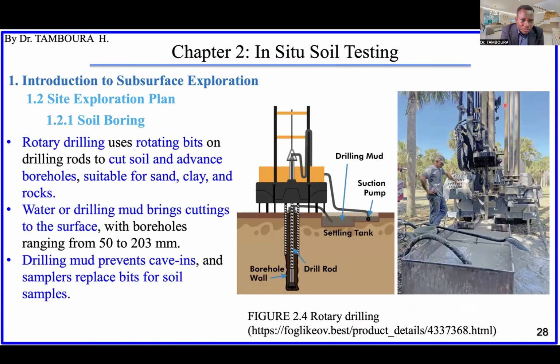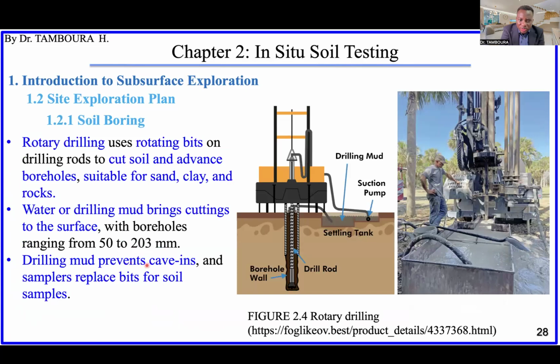So the water or drilling mud brings cuttings to the surface like this. The soil you are cutting here is brought to the surface, with a borehole ranging between 50 to 203 millimeters in diameter.